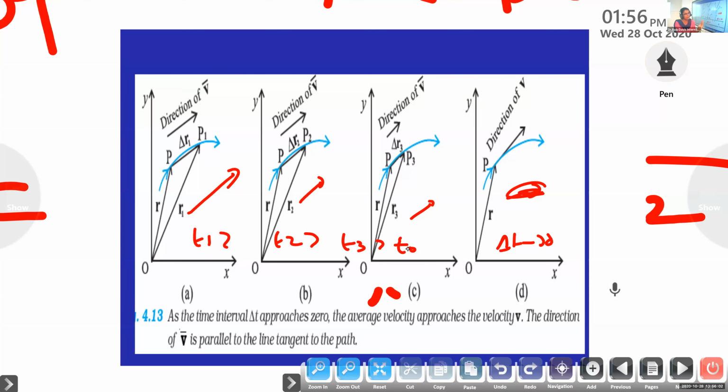No need of taking the difference between positions or times. You can just say at t, this is the velocity. So this is the picture of instantaneous velocity. The magnitude of velocity we can find by taking the square root of Vx squared plus Vy squared.